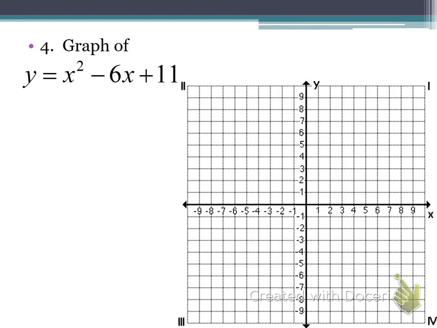Once again, it would have been helpful if the graph had been printed on here already, but since it was not, I will sketch it in. For this function, y equals x squared minus 6x plus 11, our vertex is at 3, 2. All right, so our vertex is going to be down here. Well, I already kind of gave that away.